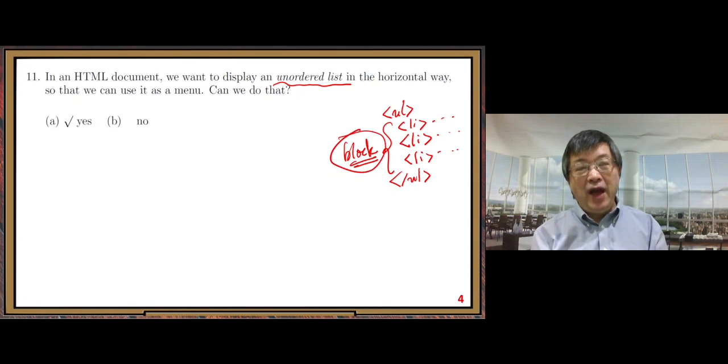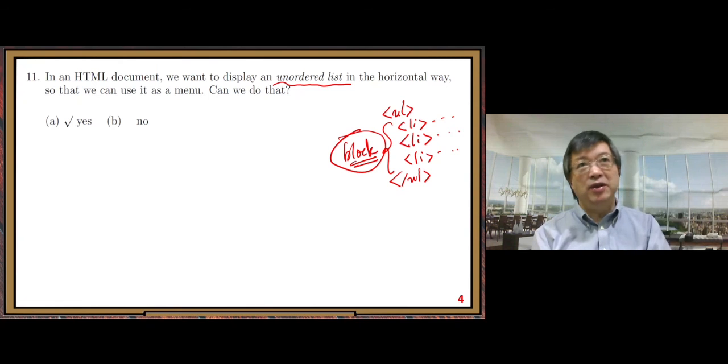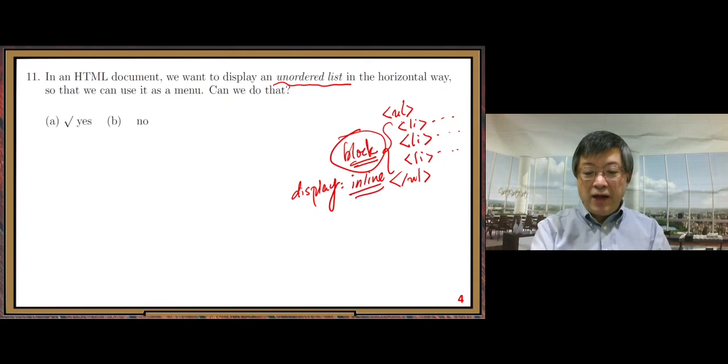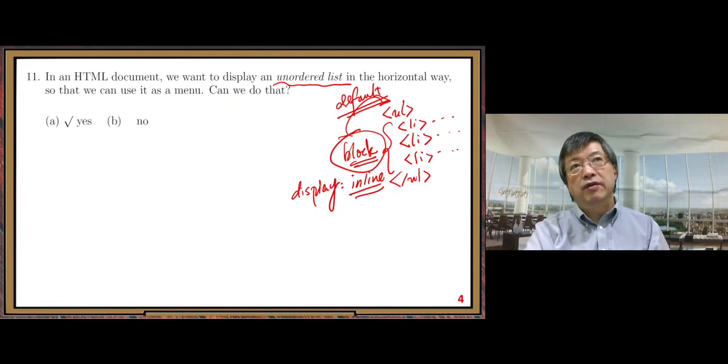Then we talked about how we can change a block element to an inline element, right? So remember, we change the display property from block to inline. The block value is the default for these elements, so you do not really need to set the value.